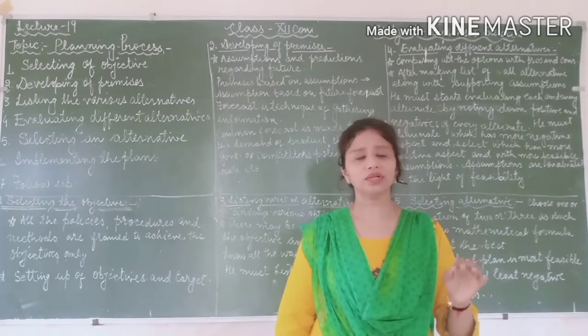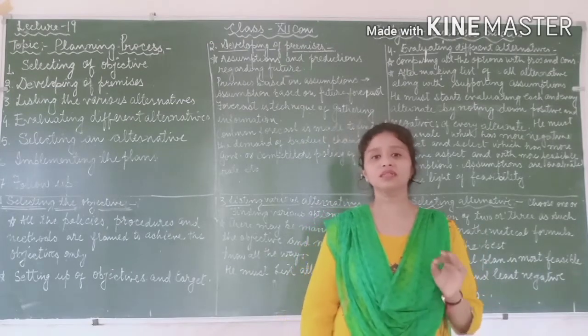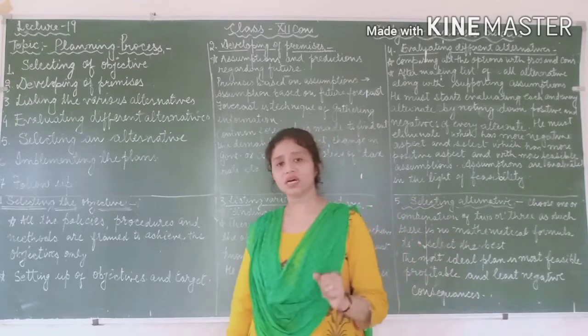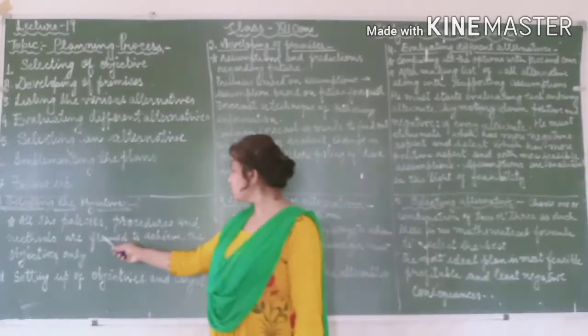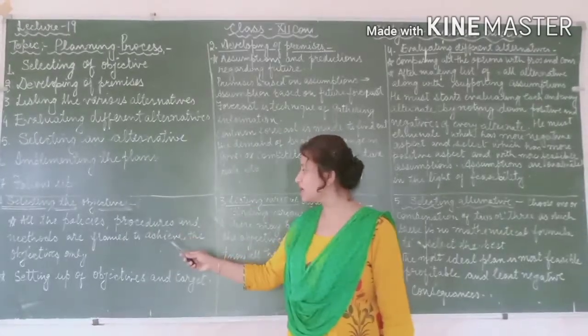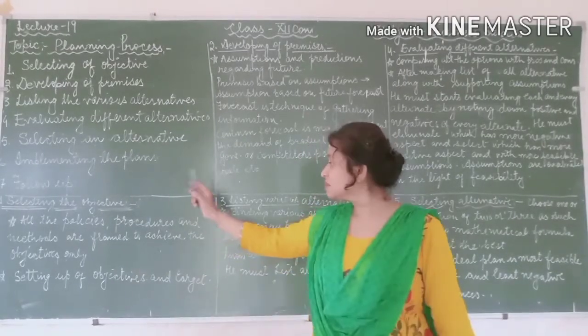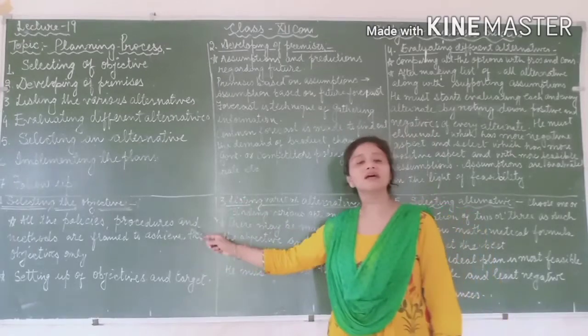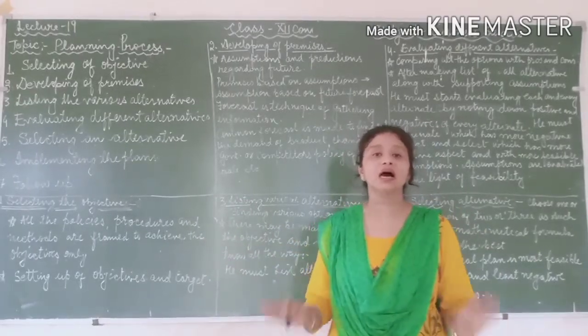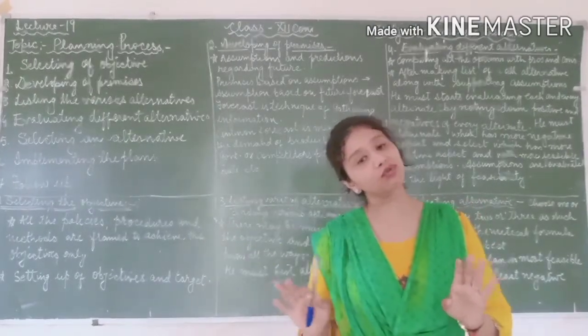So it is very important for the manager to set the objective or the target, and all the policies, procedures and methods are framed to achieve the objective only. These policies, procedures and methods are useless unless you have an objective.